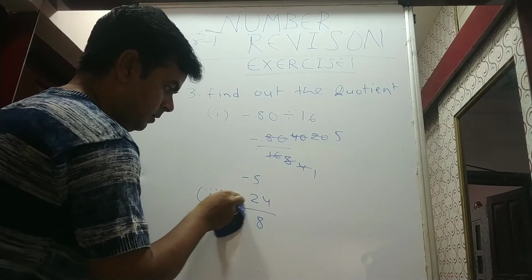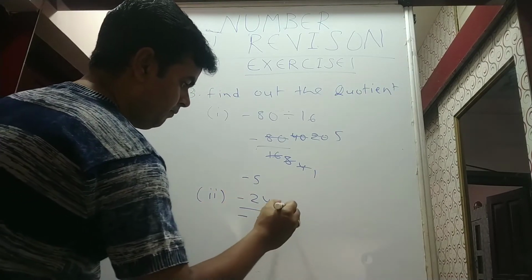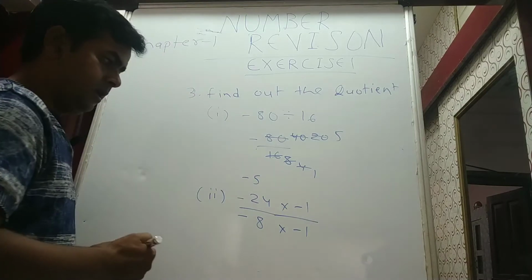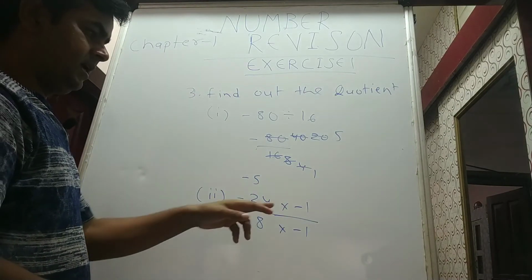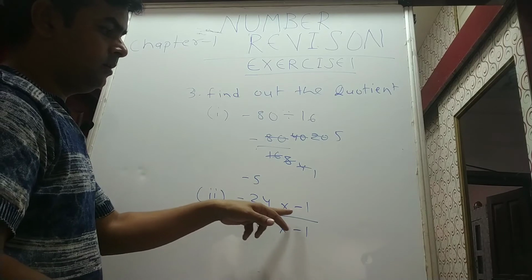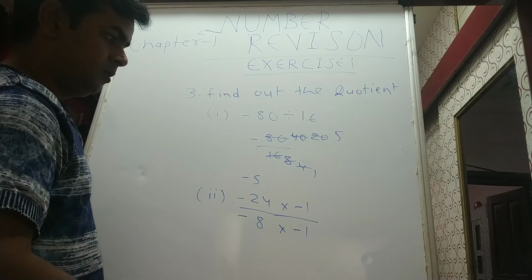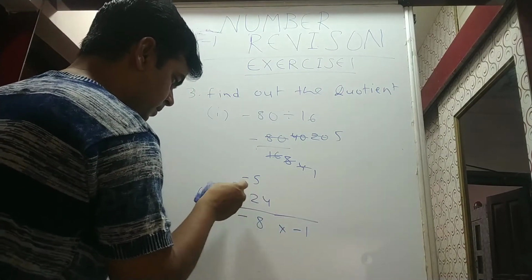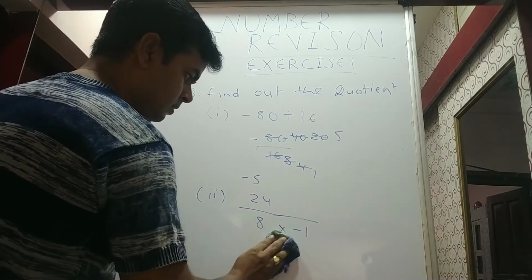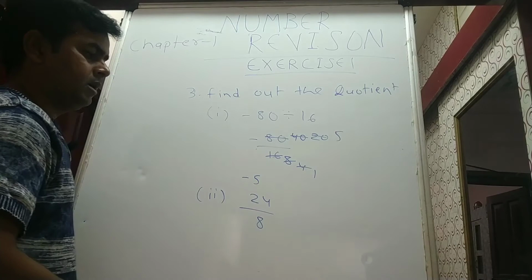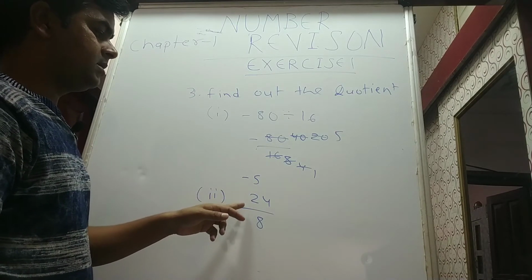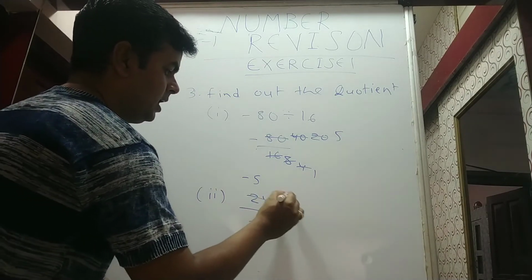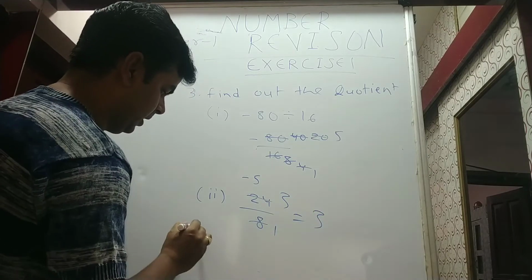Because we can multiply both the numerator and denominator by minus 1, with the same thing. Minus into minus is plus. So that's what we are doing here. Whenever you see a minus in the denominator as well as the numerator, cancel it. Now you can easily see that 8 3s are 24. So our answer will be 3.